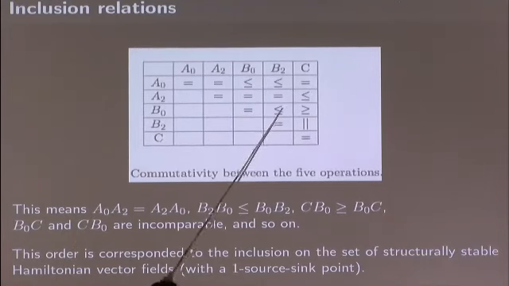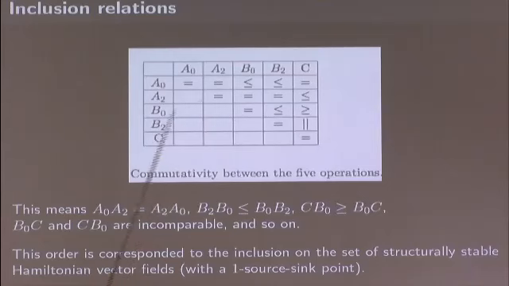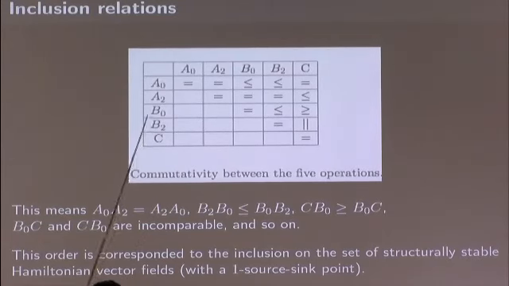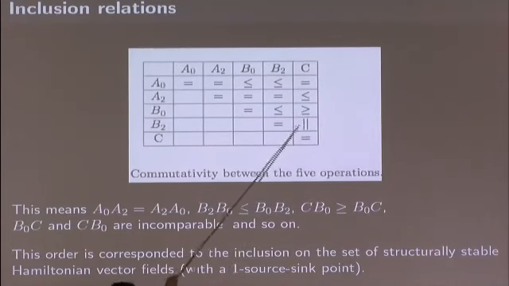And the last one is C, B0 is greater than or equal to B0, C. And this symbol is incomparable, but another case is comparable. And this order corresponds to the inclusion of the set of structurally stable Hamiltonian vector fields.